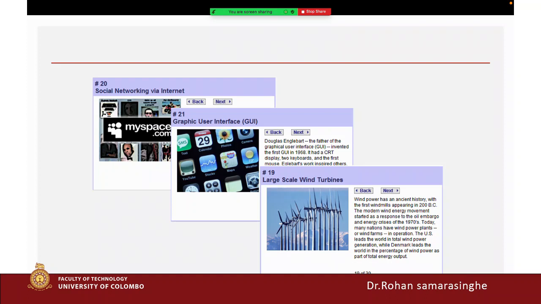So how does that social networking develop? Social media, and you can share your ideas with your friends, and you can comment on it, and you can like it. Everything you can do. So those are behind the ICT technology. Graphical user interfaces, GUIs, and scanners and turbines.